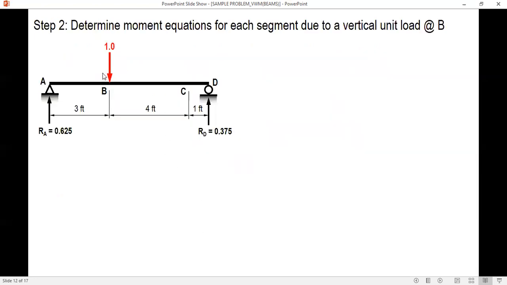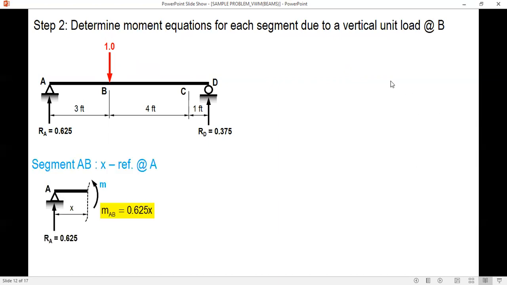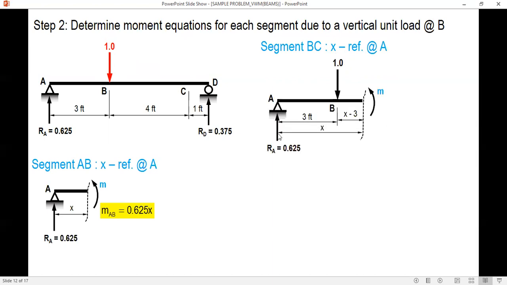Now, for the virtual load, for AB, same lang. For BC, since X is already referred at A, the distance comes first. So just equate counterclockwise moment and clockwise moment. So expand this one.